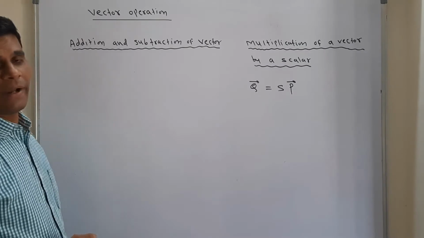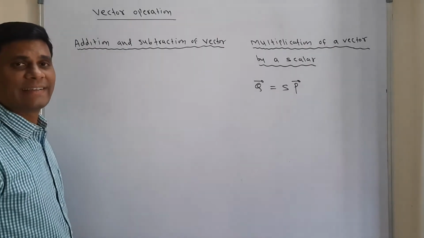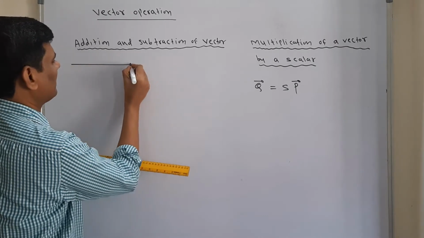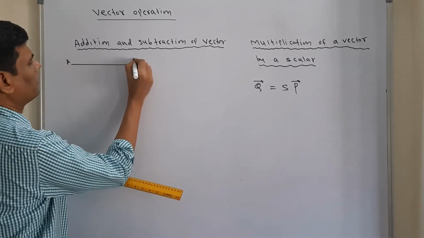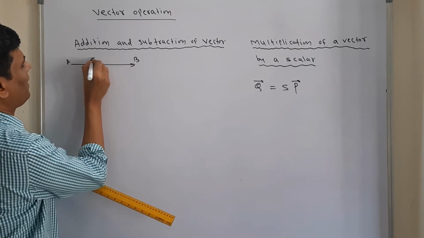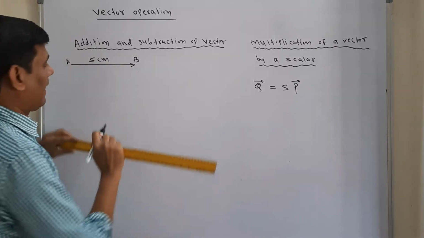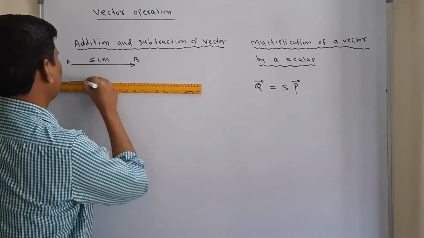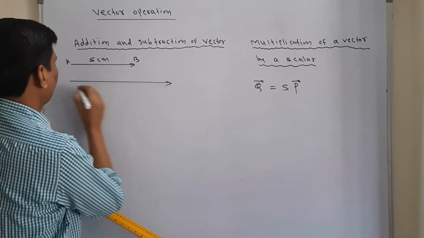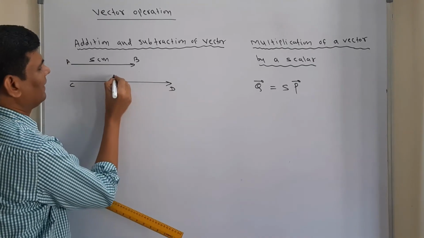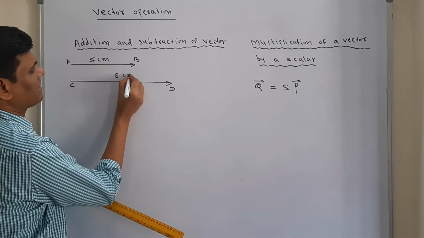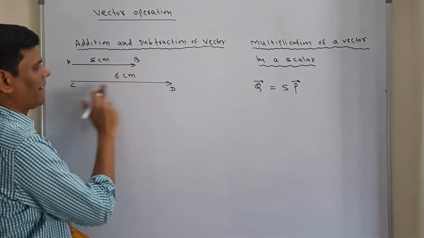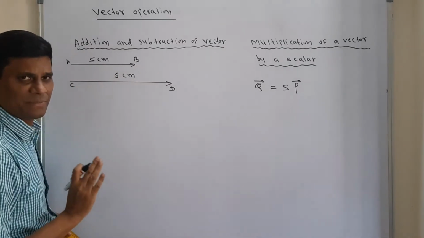Addition or subtraction of vectors. Here we will take one vector A to B. Now the vector name can be anything. Suppose A to B is 5 centimeter. And the second vector, you can take anything, say C to D, let us say 6 centimeter. So vector AB is 5 centimeter, and vector CD is 6 centimeter in magnitude.